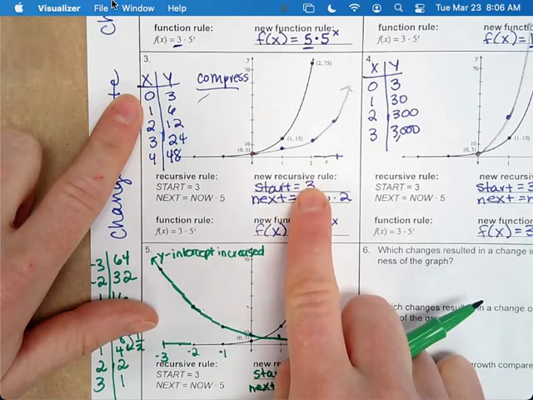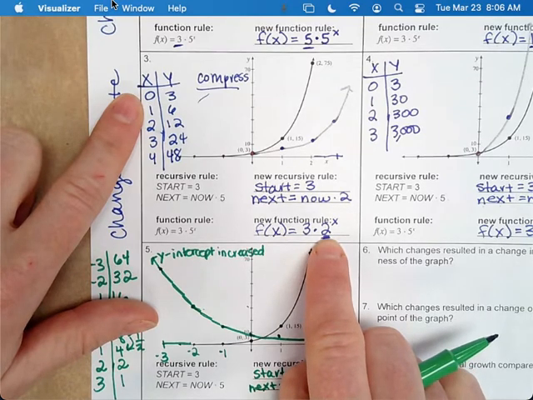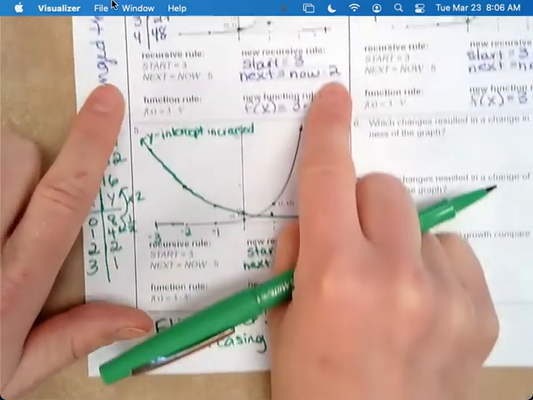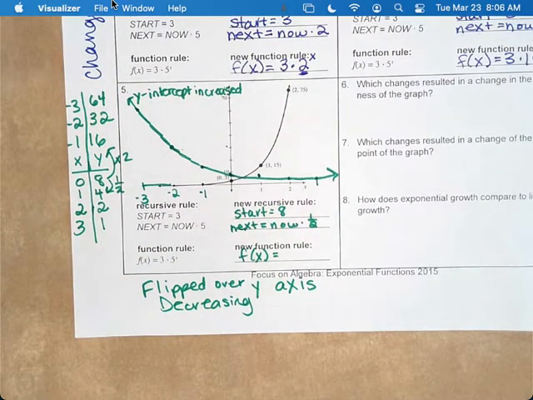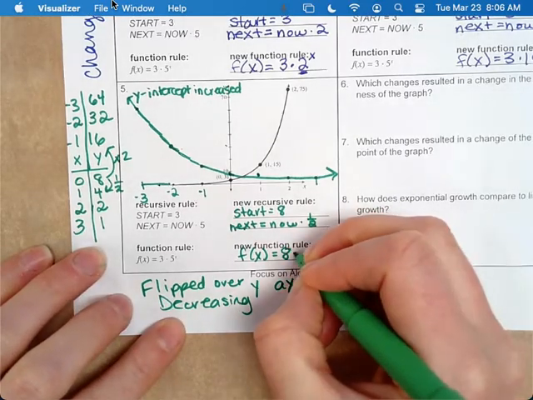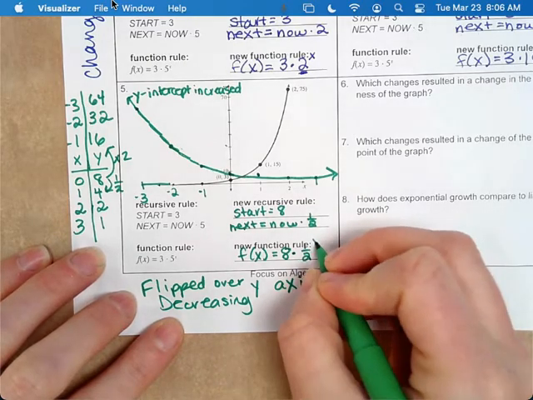The starting value. And where does this 2 come from? Yeah, this rate, the times 2. So what is our start value on this one? 8 times the rate, half, raised to the x value.